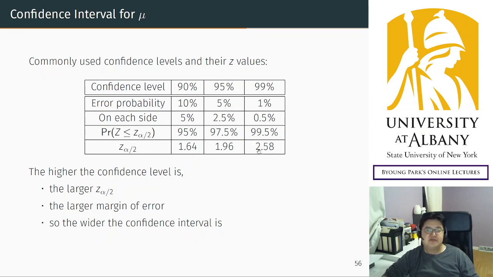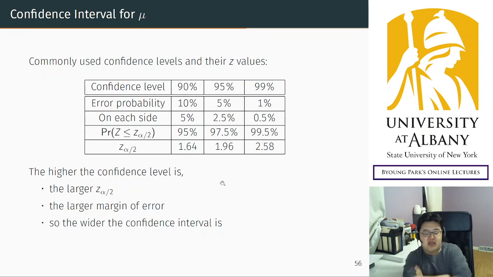Not a bad idea, but you have a calculator, so you don't need to, or you can just open up the slides to see the corresponding number. And as you see, as the confidence level increases, the z-value should increase, right? The z-value should increase because to increase the probability, the interval has to be wider. As a result, z increases, and then the margin of error also increases.